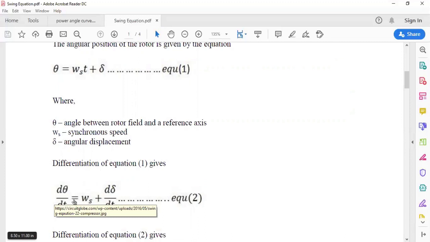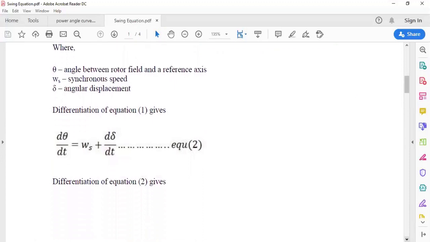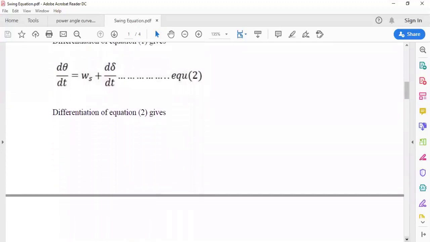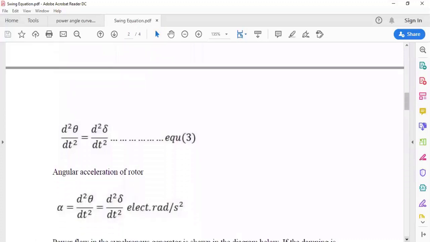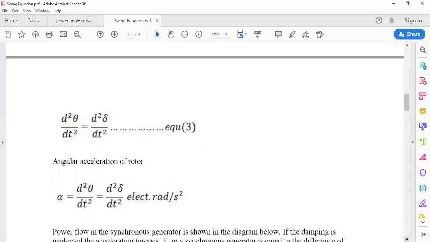This is constant, so if we take the derivative, this term will be 0, here a square term will be there. So see the equation, this is the angular acceleration of the rotor, denoted by alpha. As this is angular acceleration, the unit is radian per second square, because the angle is changing with respect to time.